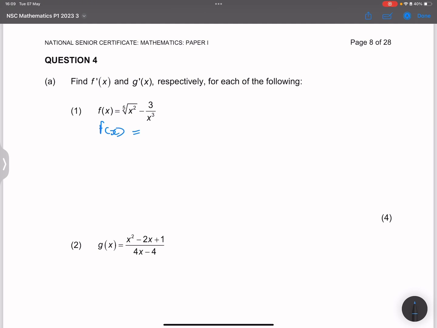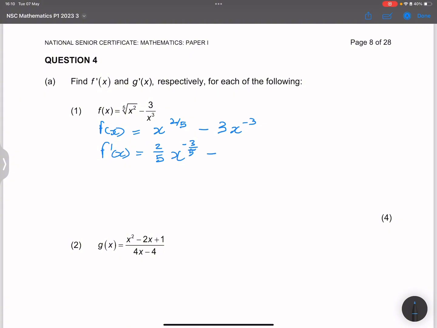So in the first term we have x to the 2 over 5, minus 3x to the minus 3. If we find f prime x, this is going to be 2 over 5, x to the 2 over 5 minus 1, which becomes minus 3 over 5.